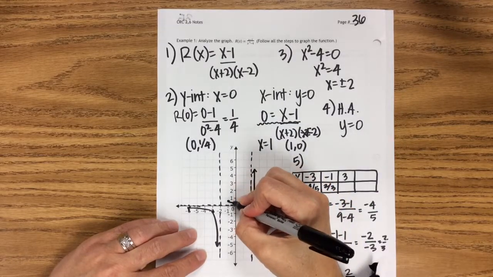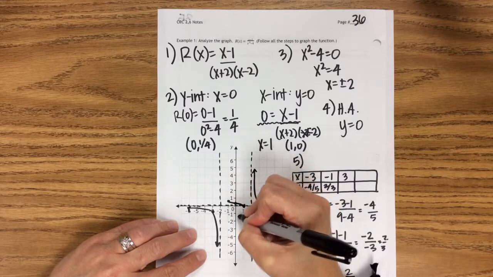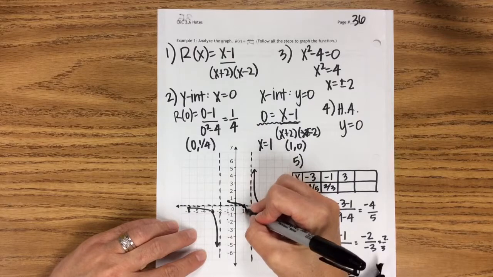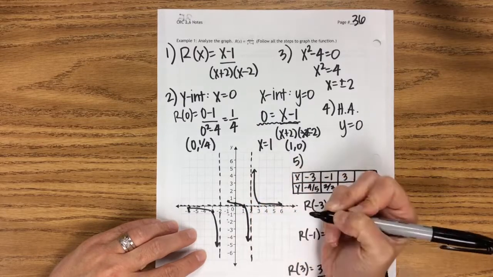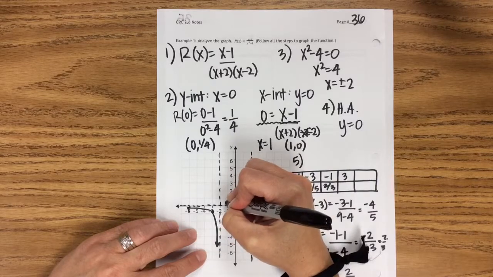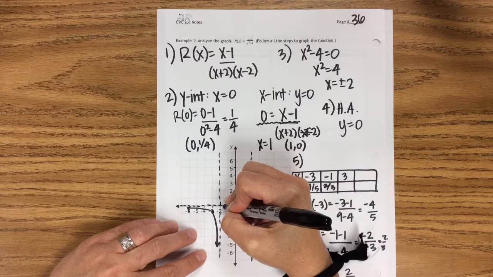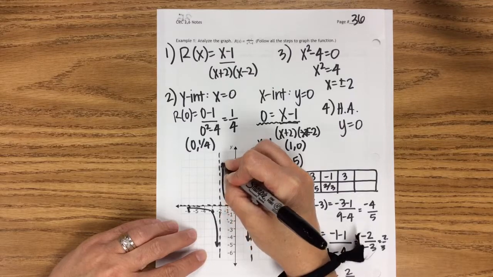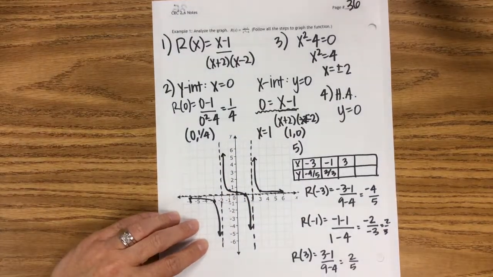Here, I have 3 that I can connect, and I'm not allowed to loop back over because it's a function, and then I'd fail the vertical line test here. So my only option is to go by that vertical asymptote here. If I went down here, I would create another x-intercept, and I know there's no more than just that. So I cannot go down, I have to end up going up. So there is what my graph would look like.